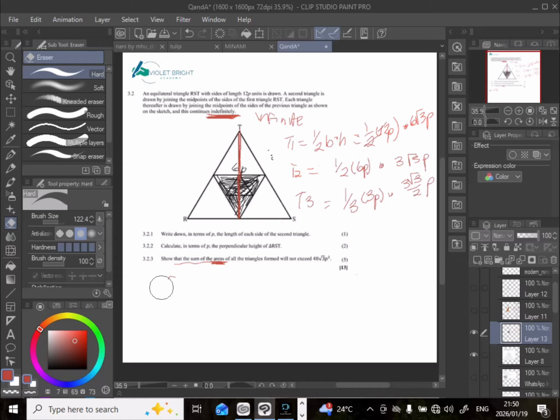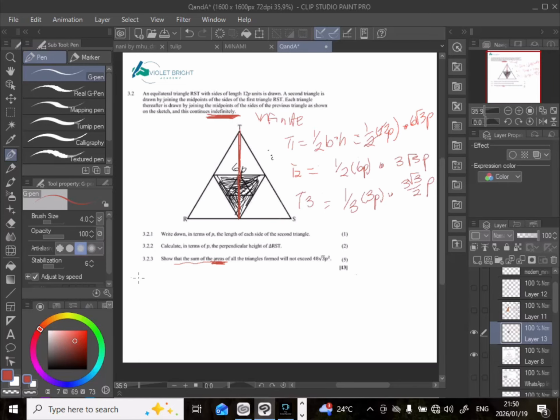So I'm just going to simplify it: it's 36 root 3 p squared. Why p squared? Because when multiplying p and p, which have the same base, we just add the exponents. Let's see the answer: 3 times 3 root 3.